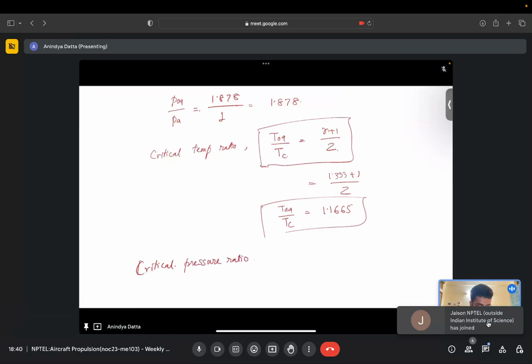When the nozzle isentropic efficiency is given, the expression for critical pressure ratio has also been derived in last week's lectures.